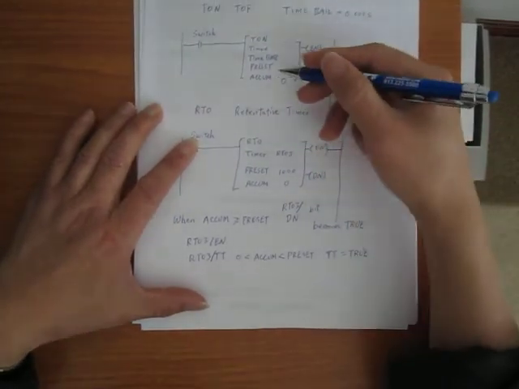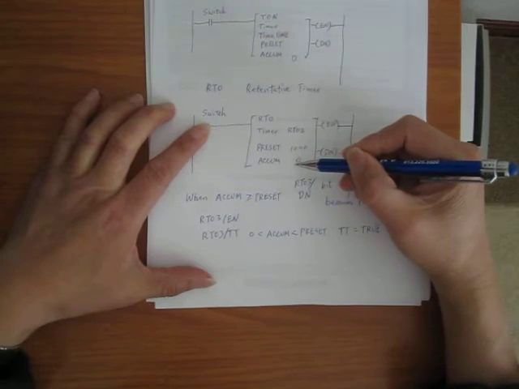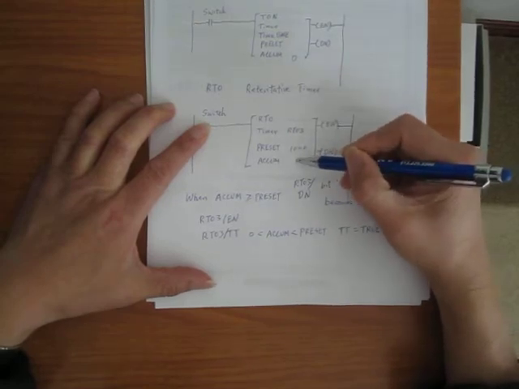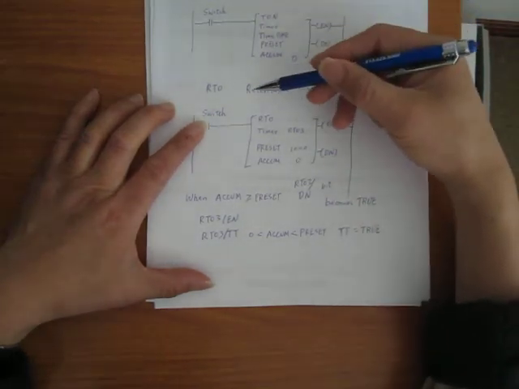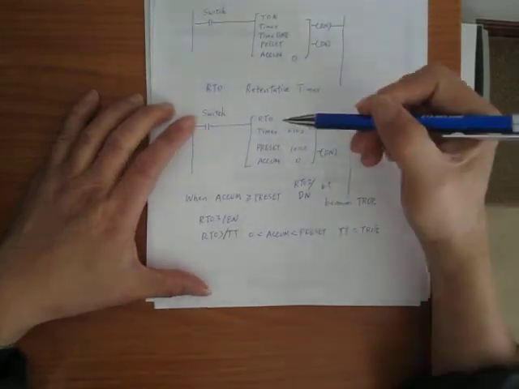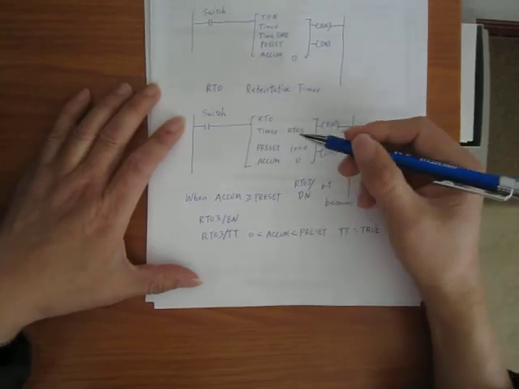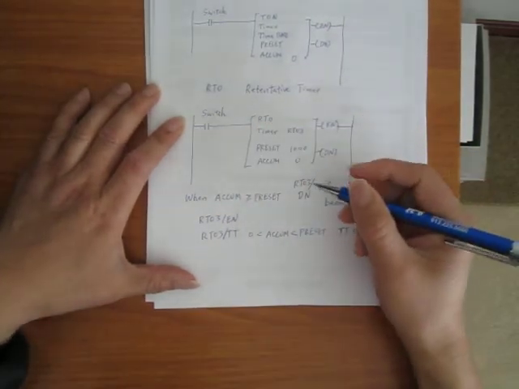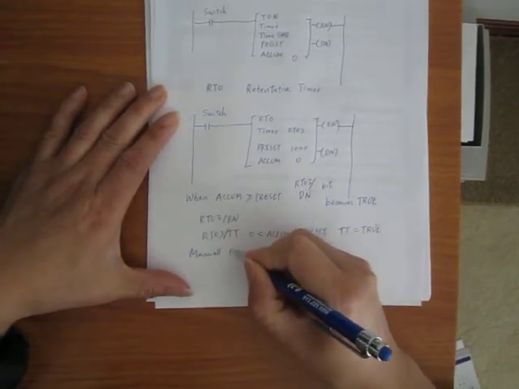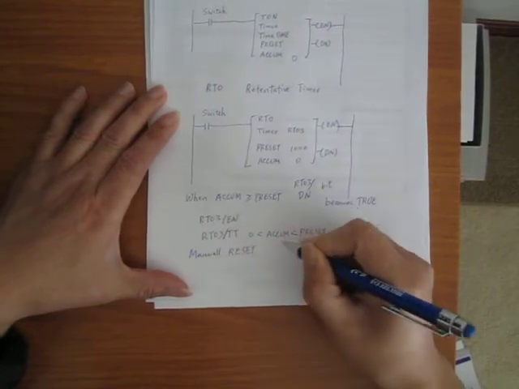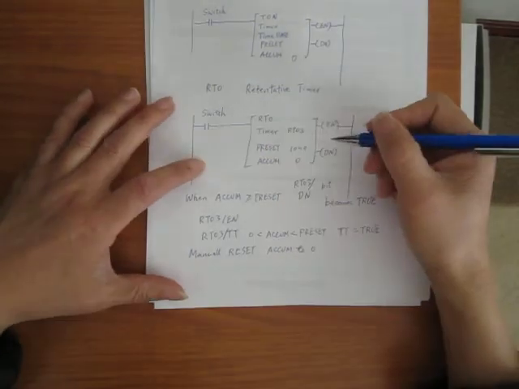With RTO, when your switch is turned off, the accum will not be set back to 0. This is the only difference between a TON and the RTO. You have to manually set this accum to 0, so there's a function called reset. You have to manually reset this accum to 0. That's how we do it.